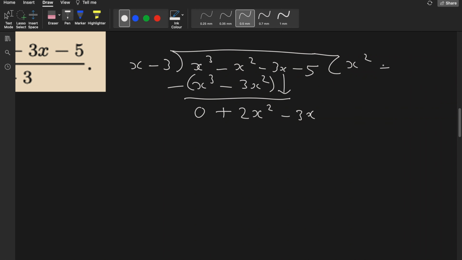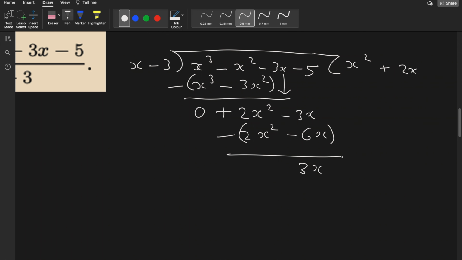When we multiply this term with this term, we get 2x squared. And then 2x into minus 3 would give us minus 6. Let's subtract this. So this will be minus 3x plus 6x, which gives us 3x.